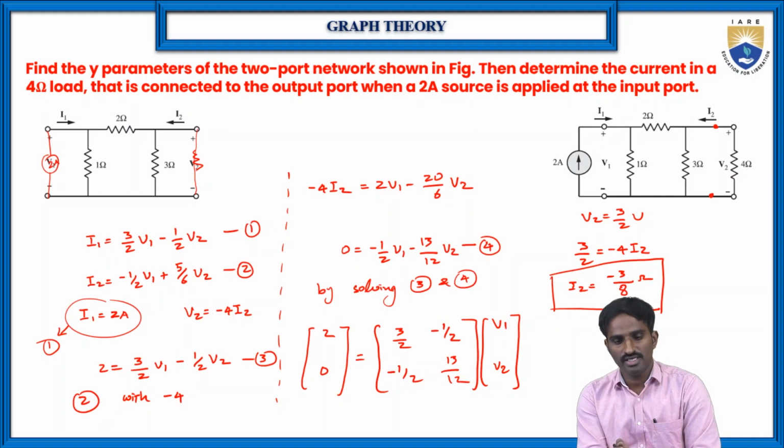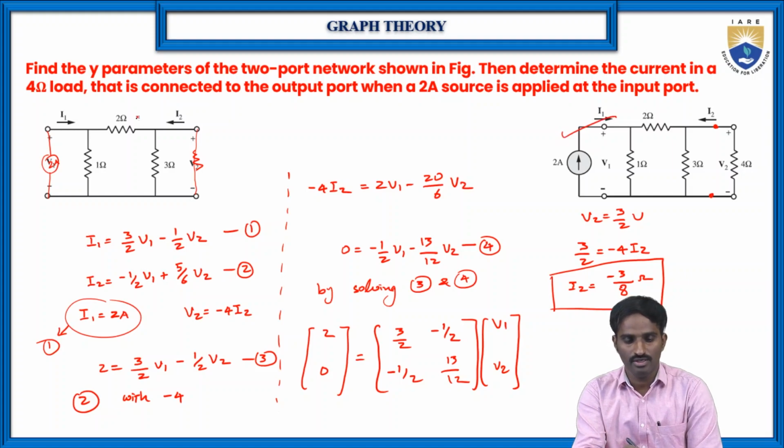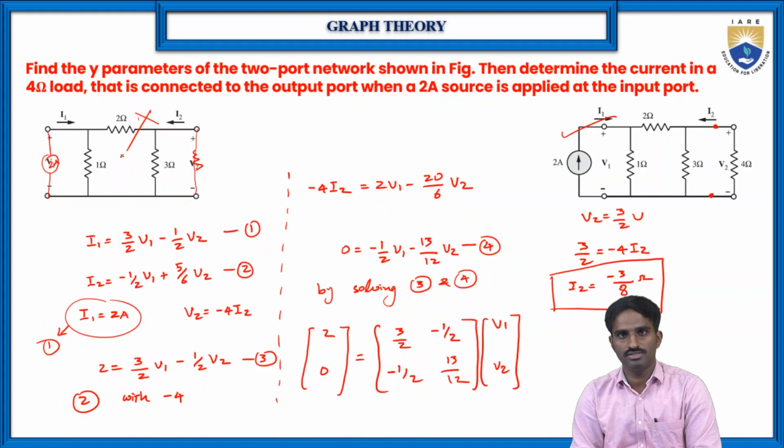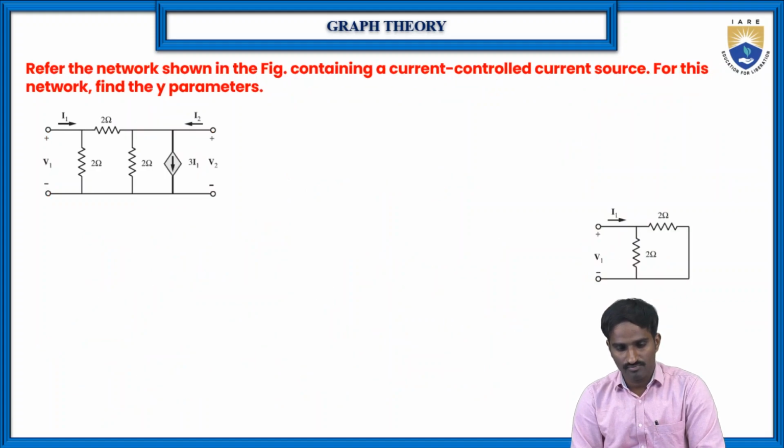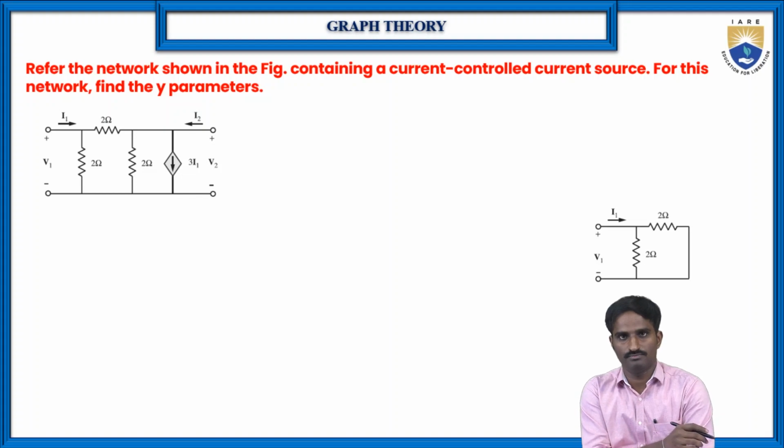In the second case, the current flowing through the 4 ohm resistor is minus 3 by 8, but this I2 is not in the first case. This is for the second circuit, not for this circuit, so we have to remember this. This is how we can find the current flowing through the load resistance. Now let us go to another problem.